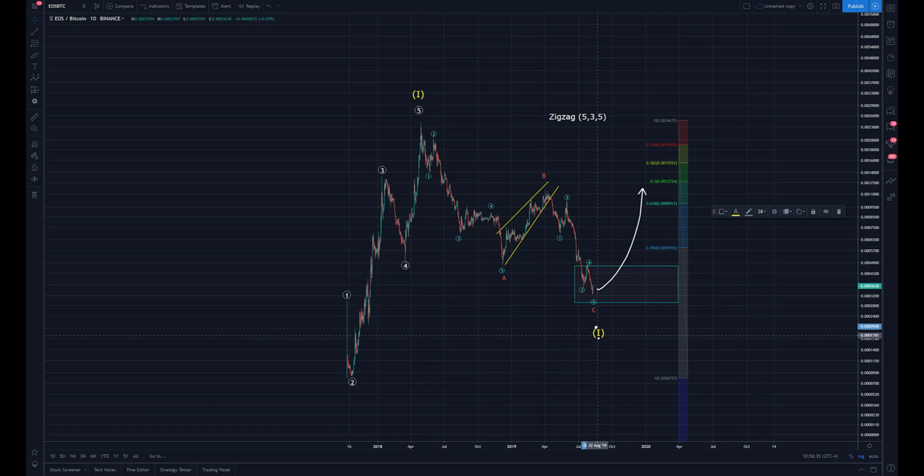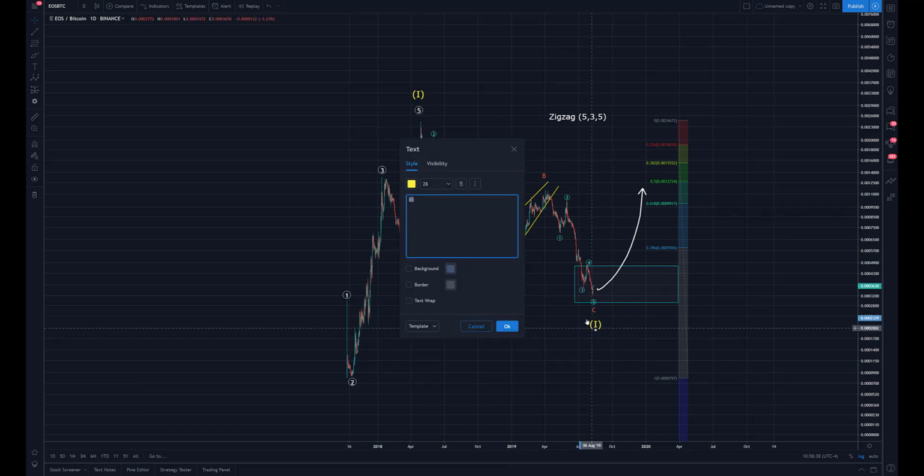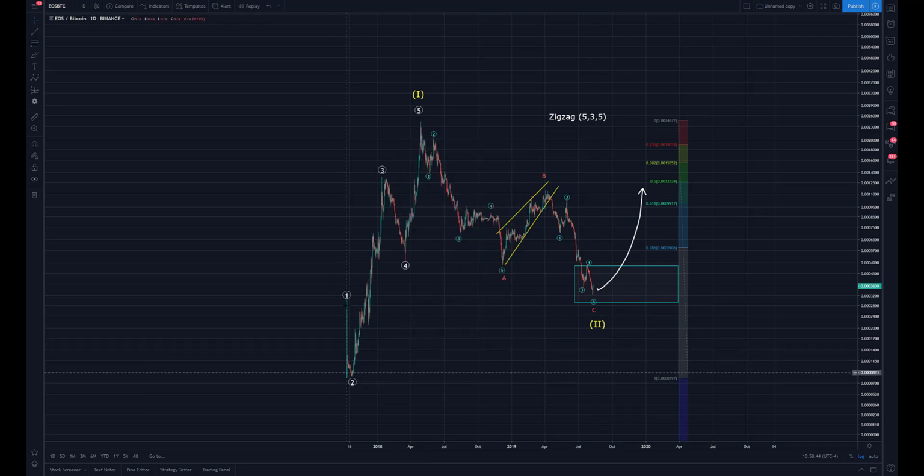Remember what I said in the beginning? Wave 1 and 2 in the beginning of a bull cycle, wave 2 retraces very deeply. Look at this. 1, 2, very deep. So this is a higher degree of trend. We have yellow 1, yellow 2, an 88 to 94% retrace. Very deep. Now this is a semi-log chart, so visually you'll see a big gap, but it normalizes it.